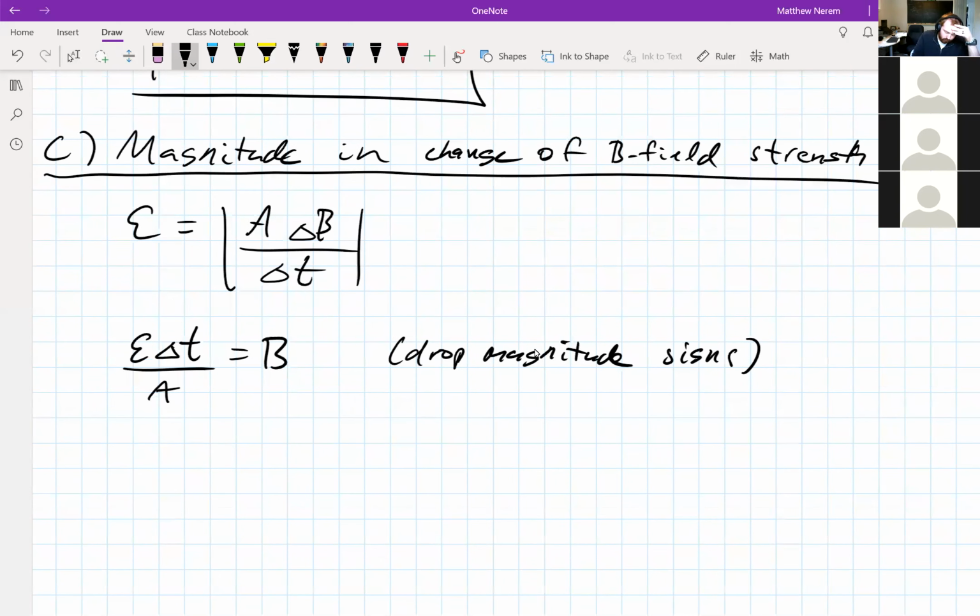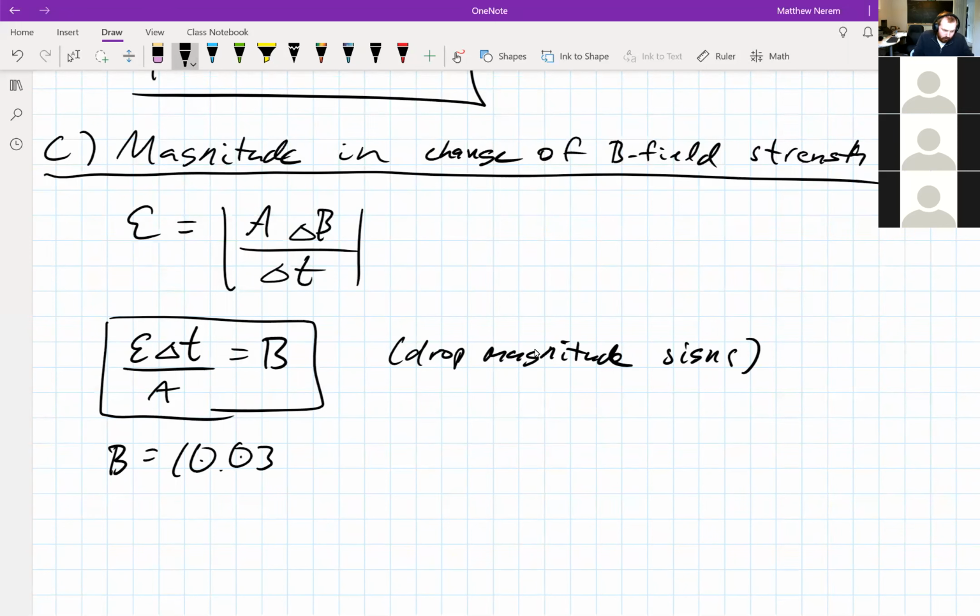Right. And let's just plug things in and figure out how much the field strength changed. So E, 0.03 volts. Time change, we said it was 10 milliseconds at the very beginning. We said for 10 milliseconds, the field strength was changing.